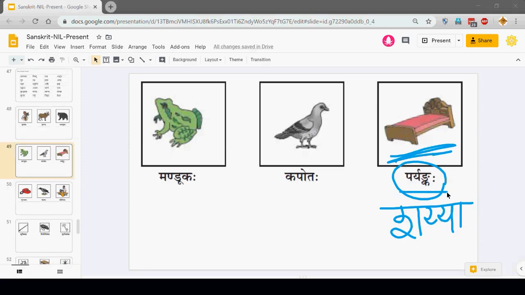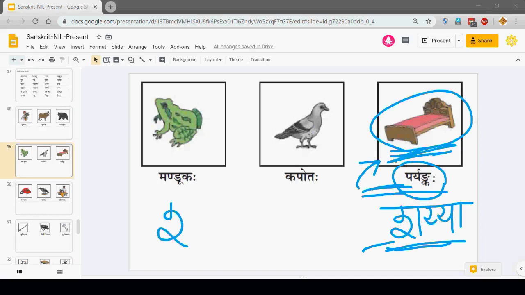Paryankaha is a pullinga word, or masculine word, whereas shayya is a strilinga, or feminine word. Though the object is the same and we are using two different words, both words refer to the same entity, but one word, paryankaha, is masculine, whereas the other word, shayya, is a strilinga word.